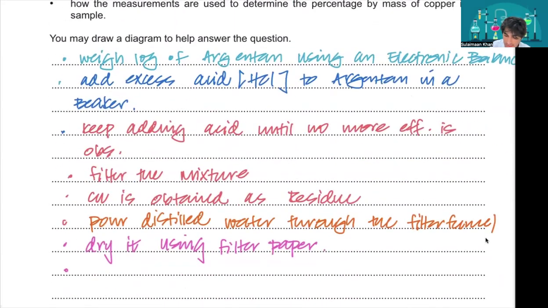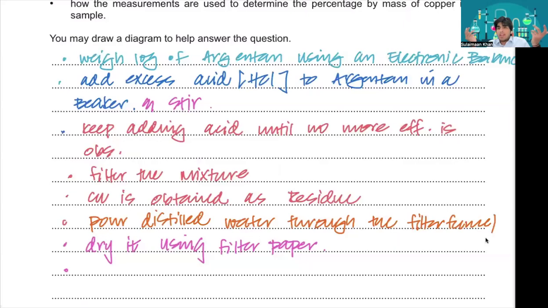And always add excess acid in the beaker and stir. No, you don't need a burette. Some students are saying, sir, do we need to add the acid from the burette? Why? Do you want to add it drop by drop? Come on. I'll take acid in a measuring cylinder and add it to the argentan in the beaker.